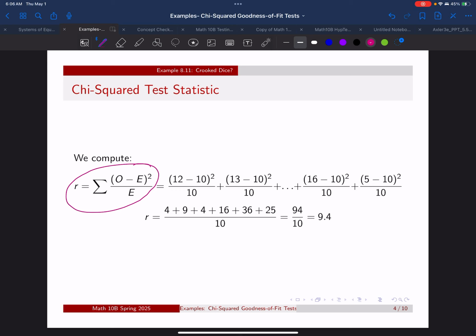Third, look at your sampling distribution and your test statistic. Fourth, see how extreme your test statistic is compared to the assumption that the null hypothesis is true.